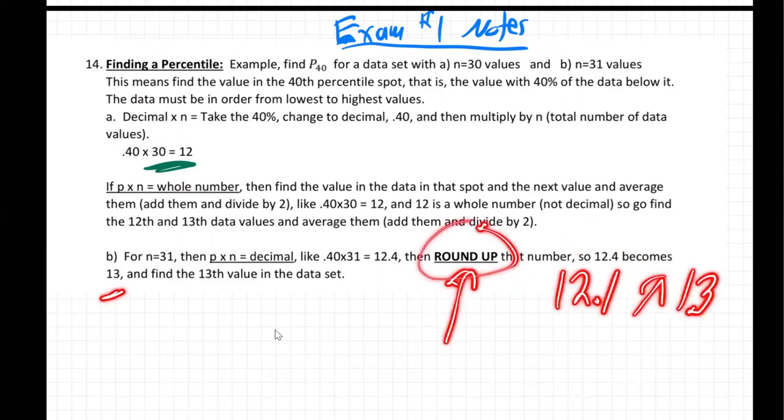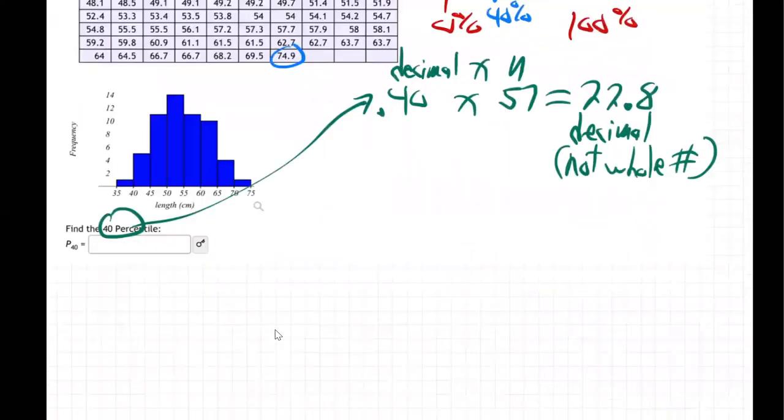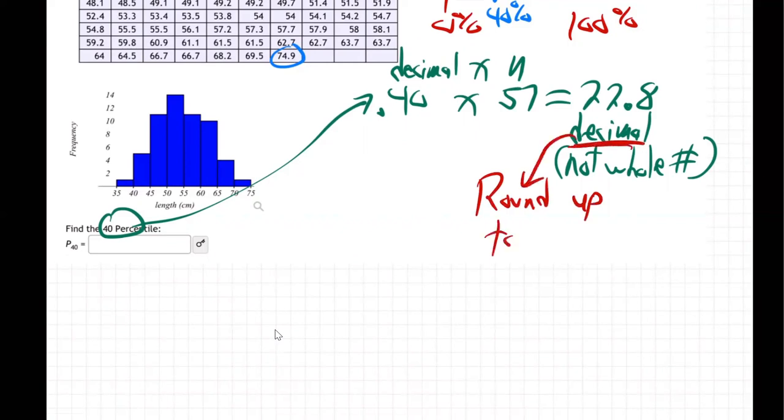So go up and then find the value in that spot. Find the 13th value in the data set. So come back here, and because it's a decimal, round up to 23, right? Because 22.8 rounds up to 23.